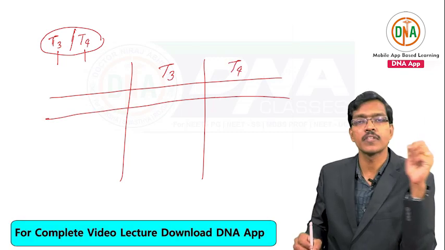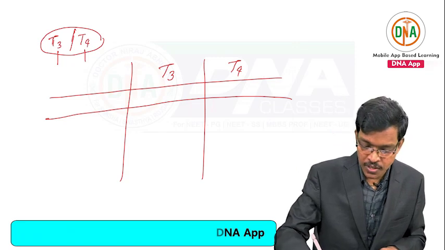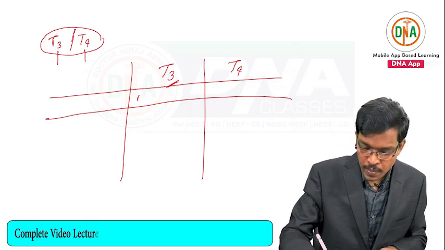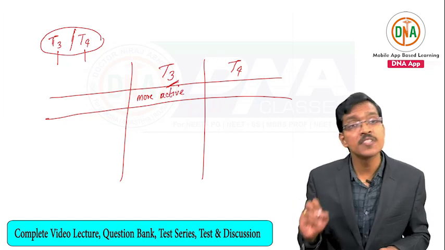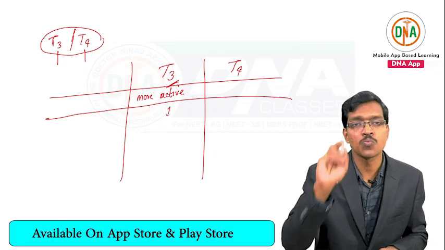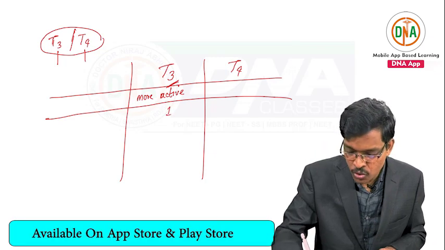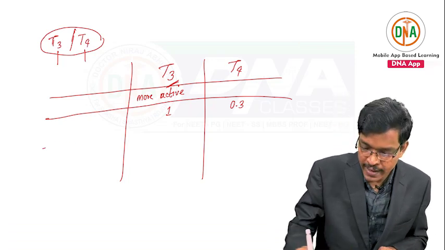The first difference: the more active form of hormone is T3. It is metabolically more active. If you give the activity or potency of T3 as 1, the activity of T4 will be about one third of that, 0.3.